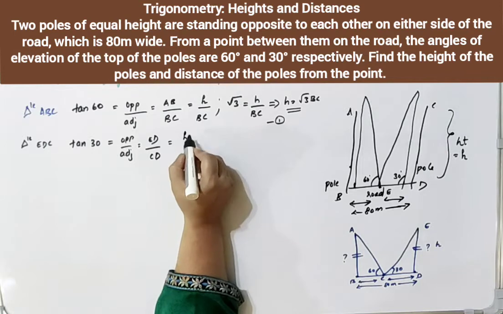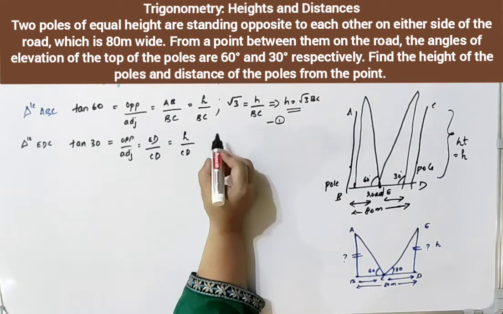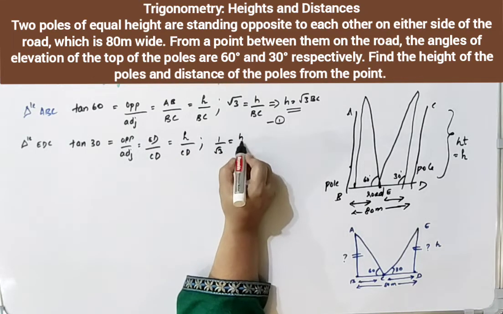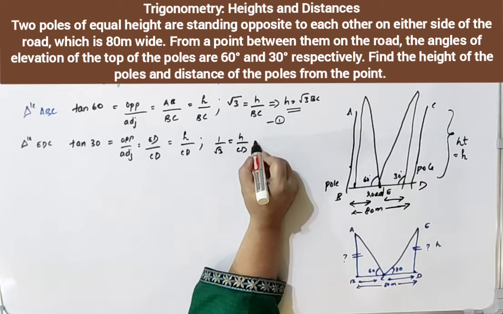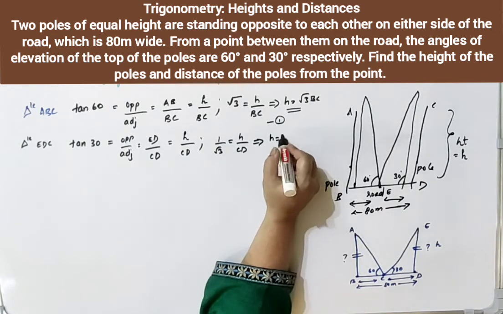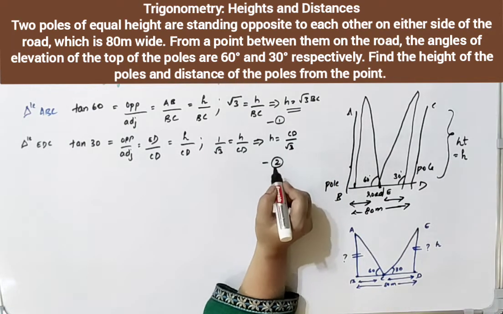ED is nothing but H, and CD we are not aware, so we'll keep it like this. Now tan 30 is 1 by root 3, which is equal to H by CD. Now this will be H is equal to, let's take CD on the other side, so it will be CD by root 3. Let's call this as equation 2.